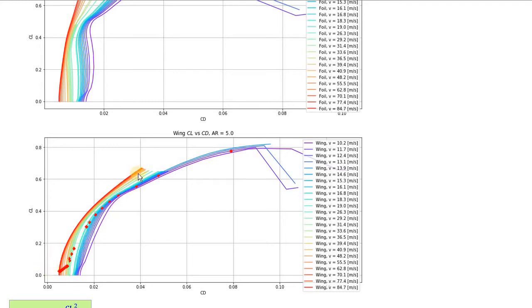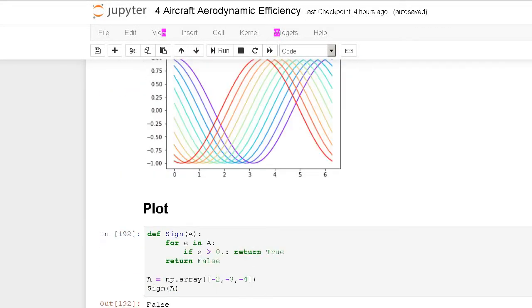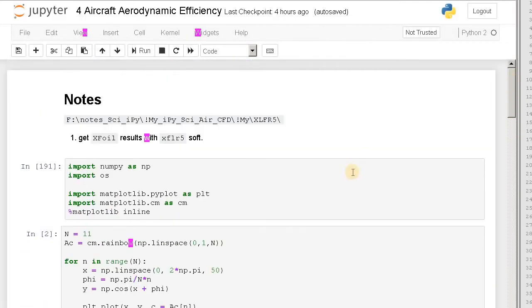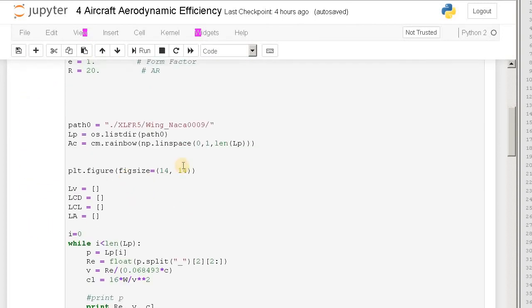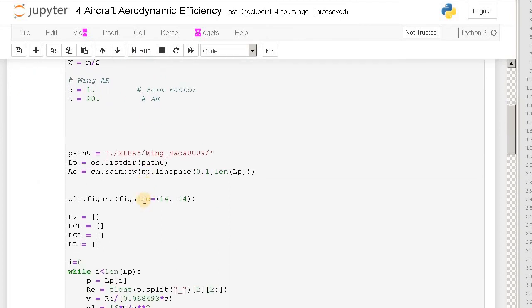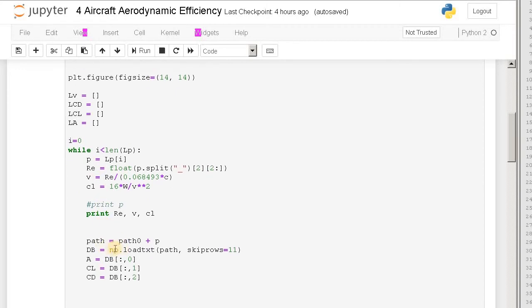Okay, and to do all of this, I have been using my Python script. The script is pretty simple. You have a loop, and this loop reads the files that we have saved from the software.